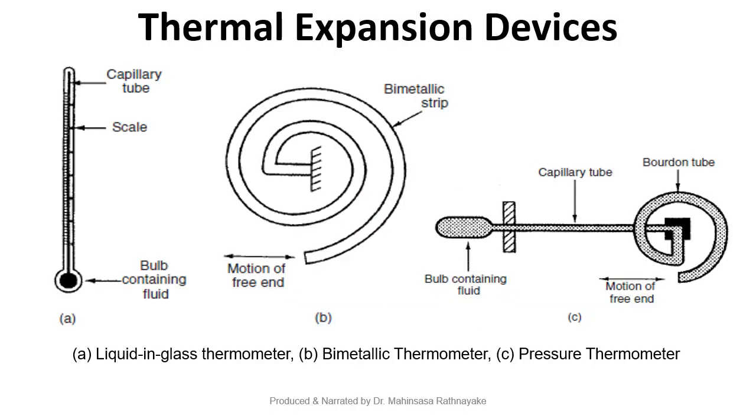The second type of temperature measurement devices that we discuss in this lecture is thermal expansion devices. Under this, we can categorize liquid in glass thermometers, bimetallic thermometers, and pressure thermometers, which use the thermal expansion principle to measure the temperature.